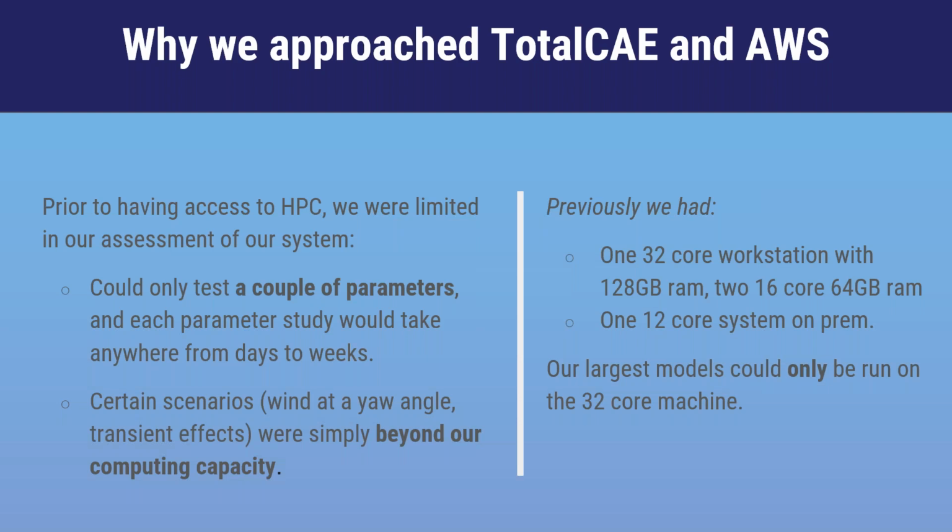But we're starting to hit a point where we could only test a few parameters at a time. If we wanted to sweep through and really optimize the technology, it could take days to weeks to do an optimization, even on wind coming from different angles or wind from different speeds and how it reacts to that. And there's a lot more that we want to be able to test.